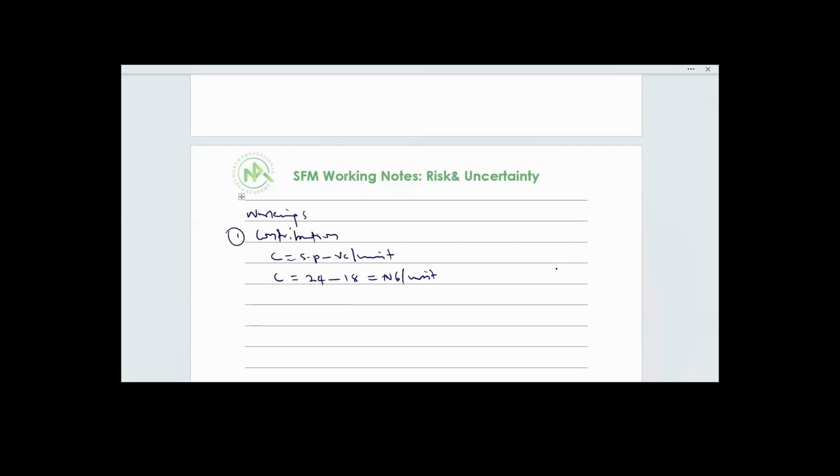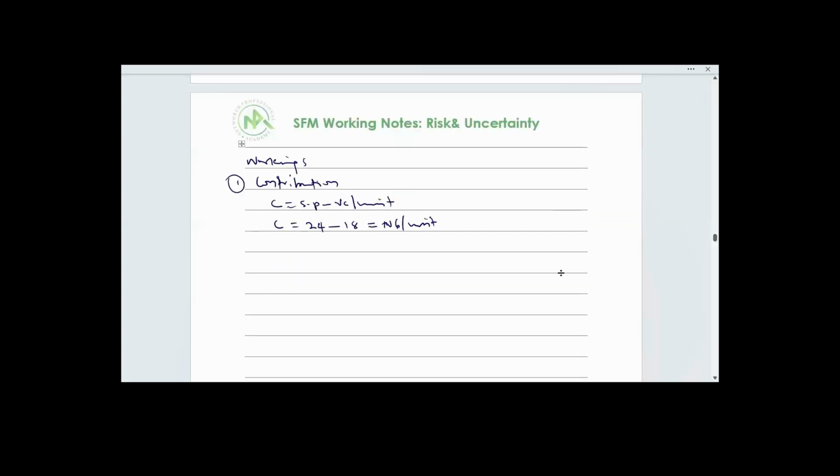Now that I have the contribution per unit, I need to calculate total contribution. The total contribution will be equal to number of units multiplied by contribution per unit. We are given number of units to be 240,000. We are told that at this activity level, 240,000 units are expected to be produced, so the units produced are the same as those sold.